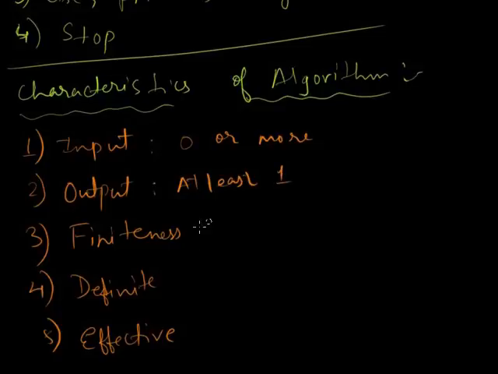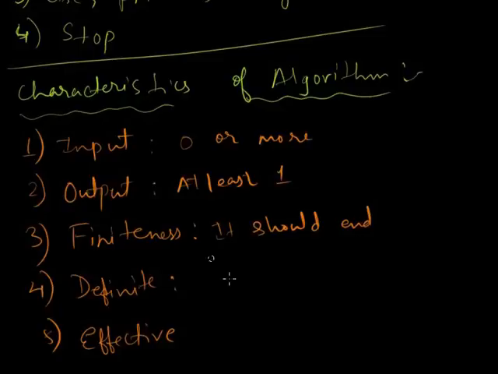The algorithm should be finite. It should end. It should not continue for infinite time. Right? It should end. Definite means that all the statements you write in the algorithm should make sense.